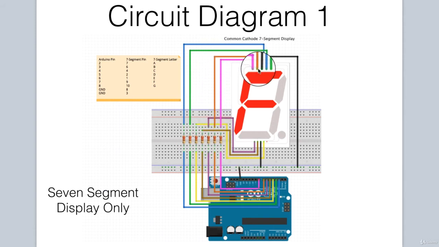Then pin 8 on the Arduino goes to pin 10 on the 7-segment display. And again, since we're using a common cathode, pins 3 and 8 are grounded, and we connect that ground connection to the Arduino. So that's the wiring for our simple 7-segment display only.